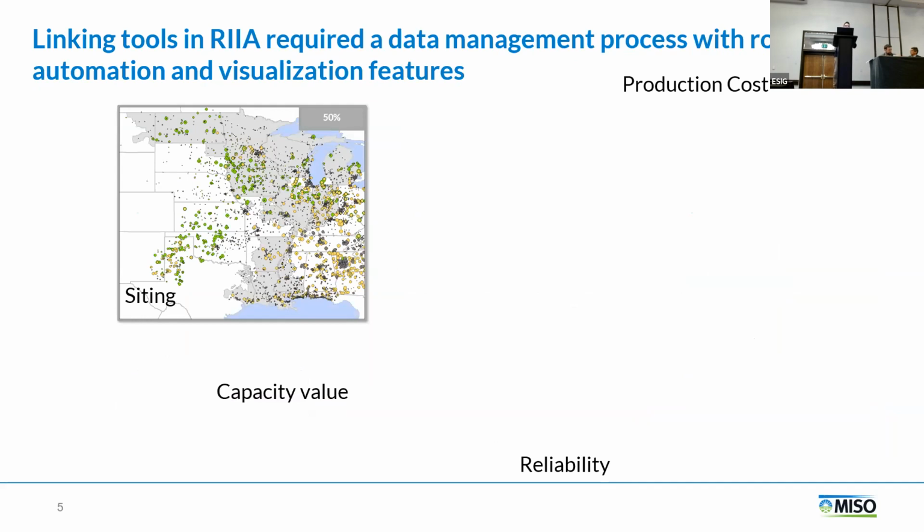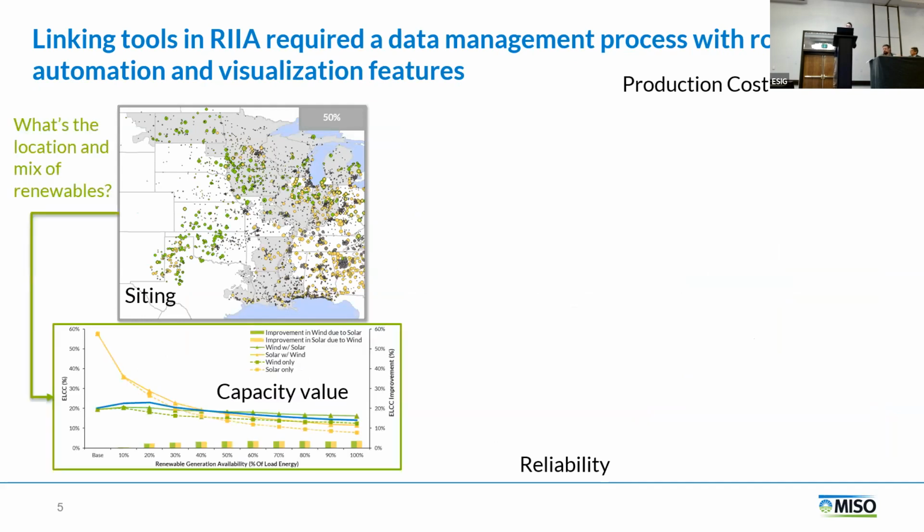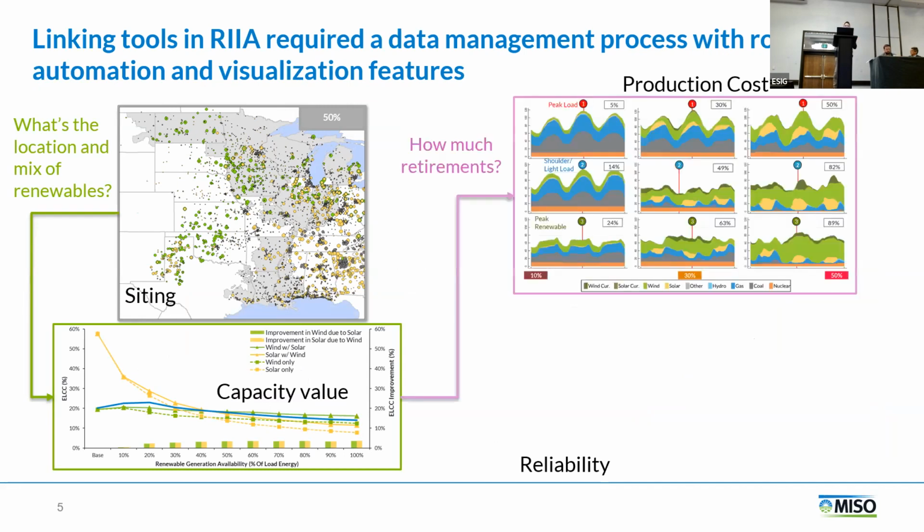We start with the siting, and the question we ask there is what's the location and mix of renewables. Then that gets passed into a resource adequacy assessment where we calculate capacity value, so that we can answer the question of how many retirements there are for each one of the renewable penetration levels that we study. We study from 10% all the way to 50% renewable penetration at MISO.